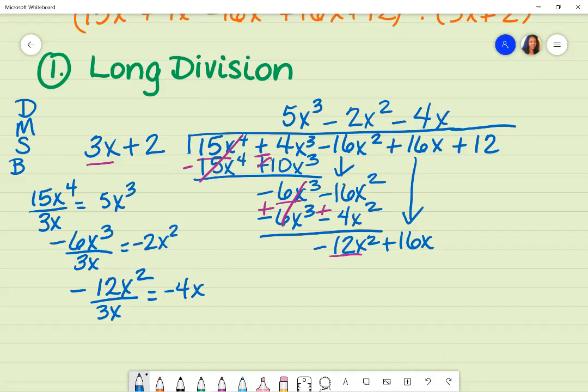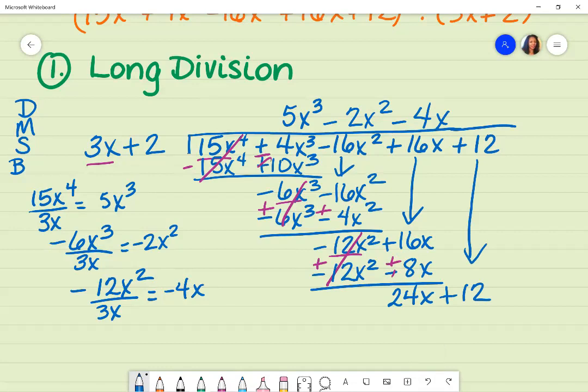That ends up being negative 12x squared minus 8x. My next step after multiplying is to subtract. That simply means, again, change the sign. So this becomes a positive, this becomes a positive. That goes away. And I just simplify. 16 plus 8 is 24x. Bring this down, plus 12. And start the process again. Dividing.